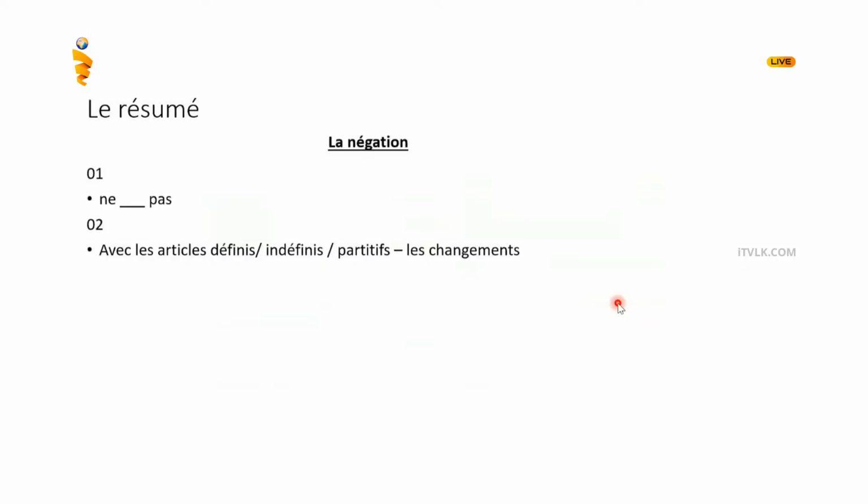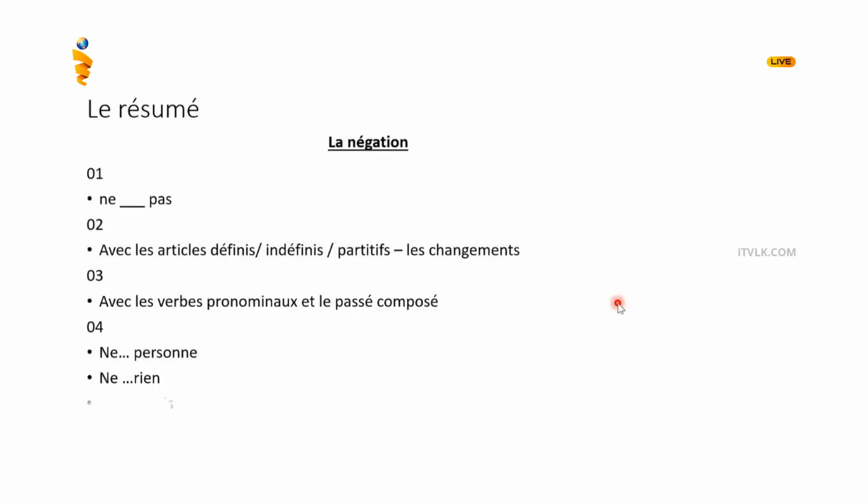Thirdly, we went through some tenses like with the pronominal verbs, with past tense, how do we have to manage our past negation? And lastly, we came across some more formats other than ne pas. They are ne personne, ne rien, ne jamais, and ne plus.